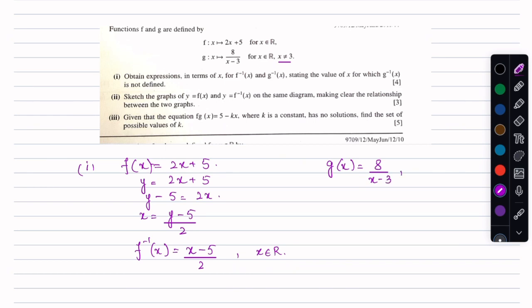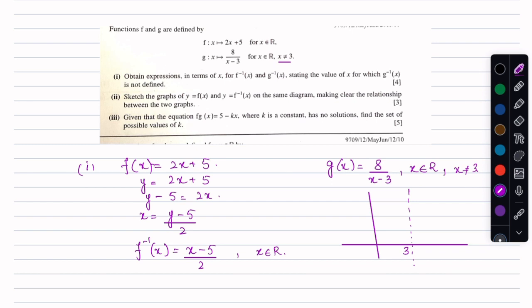Now for g inverse, the g function is an asymptotic function, 8 divided by x minus 3. X belongs to real numbers, but it should not be equal to 3. Let's have a sketch of the function. When x is 3, it becomes an asymptotic function.